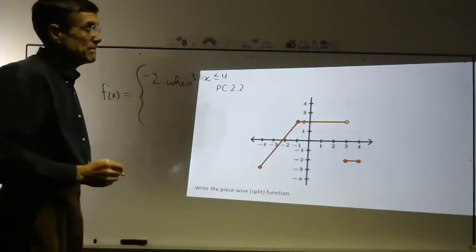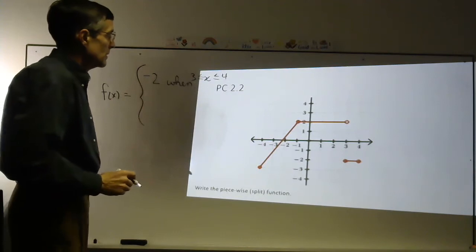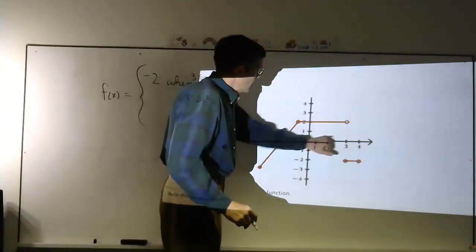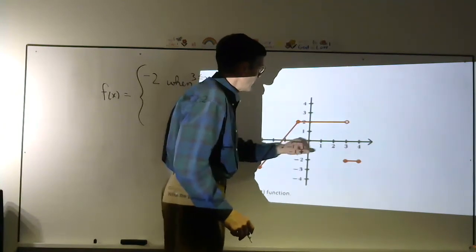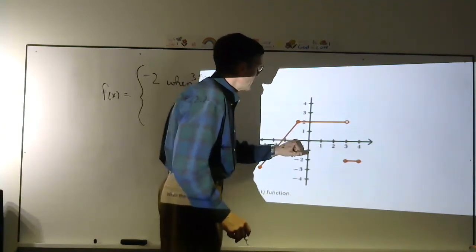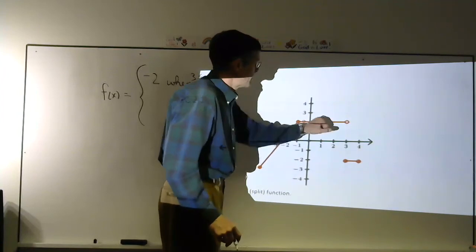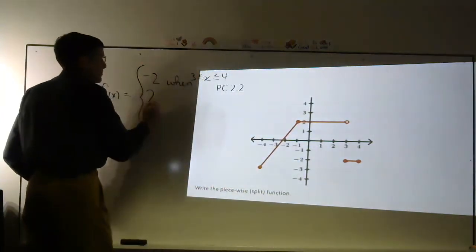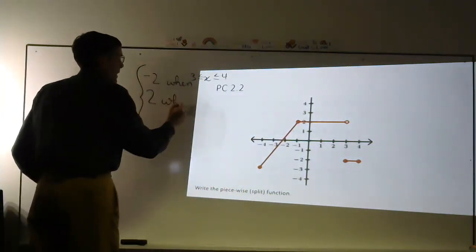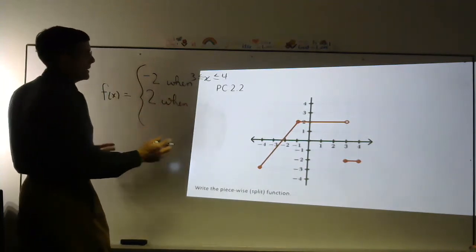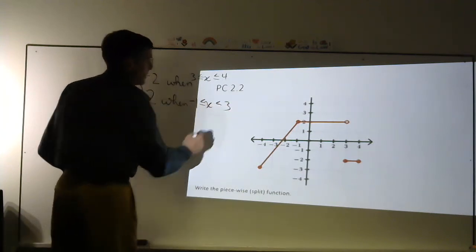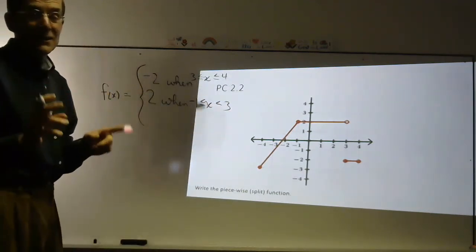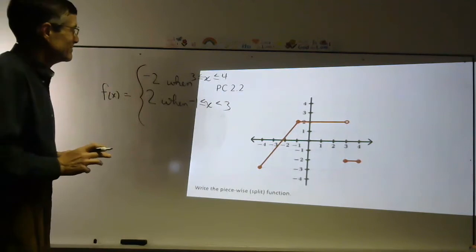Yes? Okay, that's first one. Now let's look here. When x is from -1 to 3, you see? When x is from -1 to 3, everything goes up to 2. So the y value is 2 when x is between -1 and 3. So when x is greater than or equal to -1, less than 3. You with me? This is a good one.